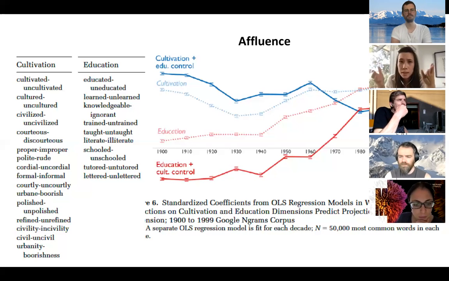So what this suggests is that if you have two words that had the same projection onto the cultivation dimension, but one word projects slightly higher on the education dimension, then prior to 1960, this would actually have in the text a more negative association with the affluence dimension. Now, it would have been really nice if the paper provided some actual words to show this example, but unfortunately they don't do that.